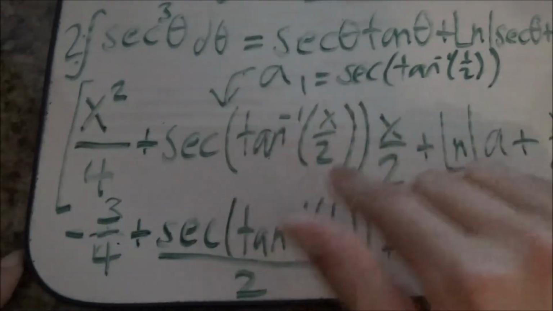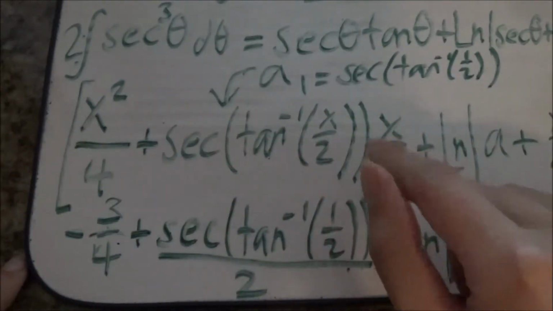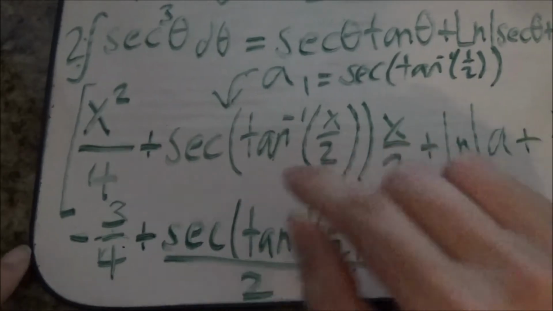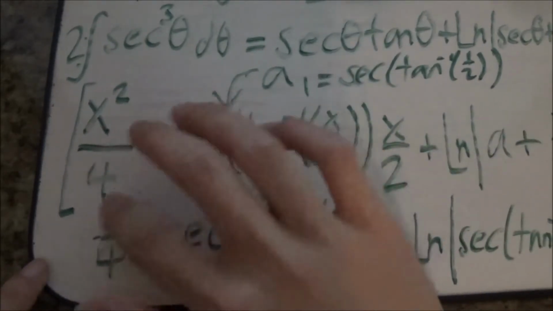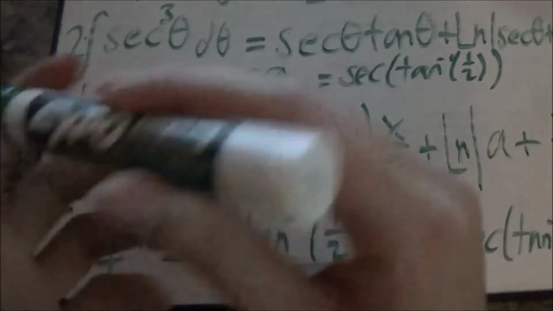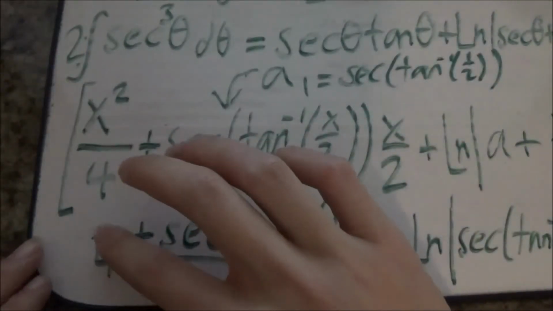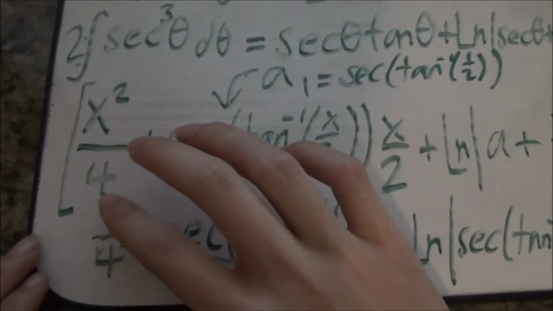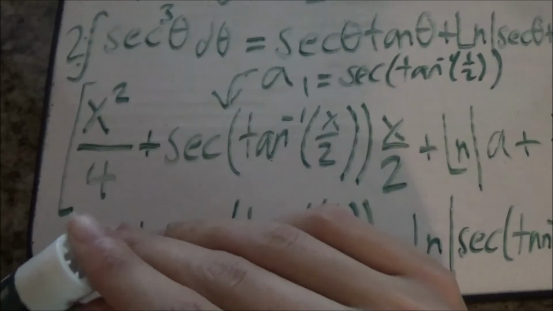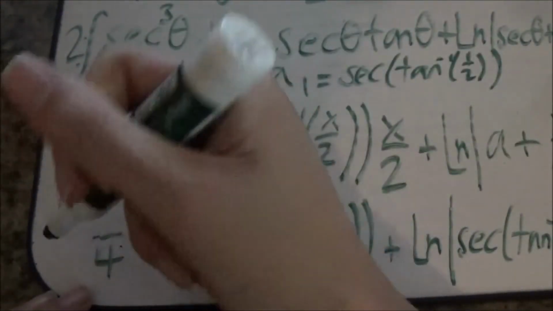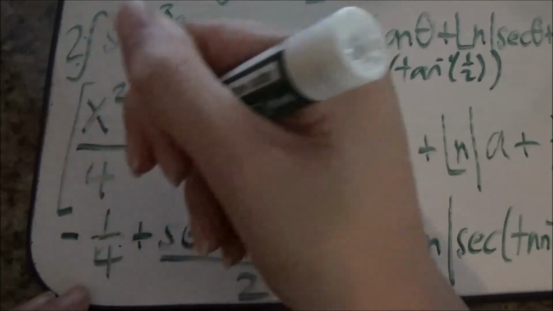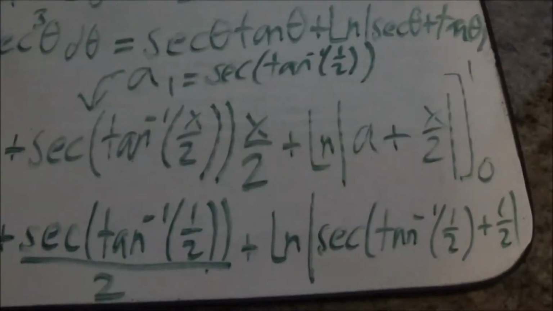You only get this, which equals 1. Wait a minute. 1 1/2. Shoot. 1/4 minus a half. What's 1/4 minus a half? Negative 1/4? Okay, that's our answer. Oh God.